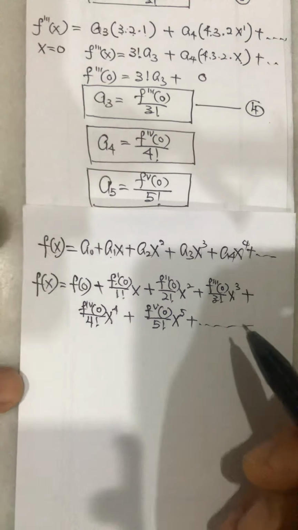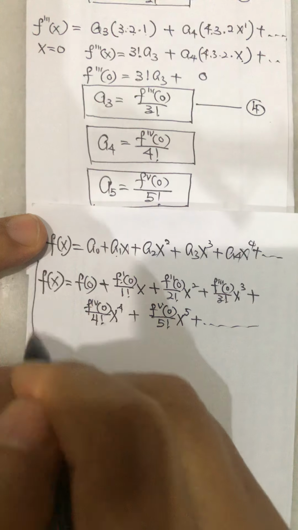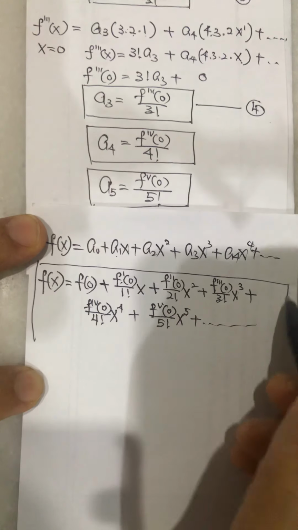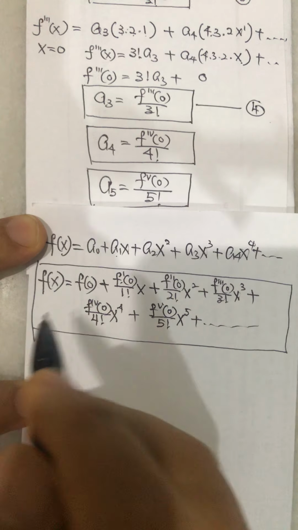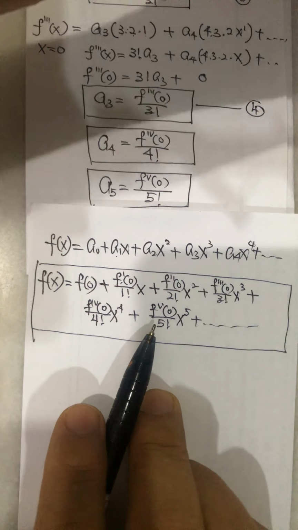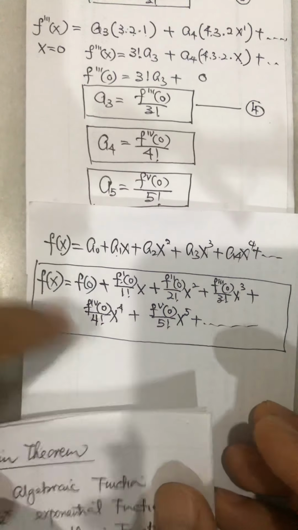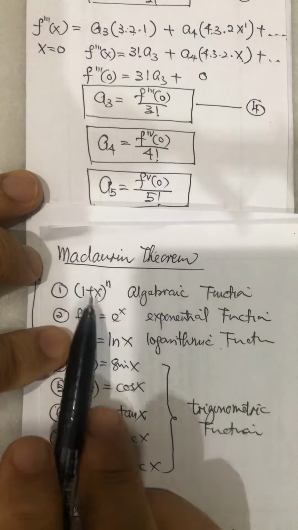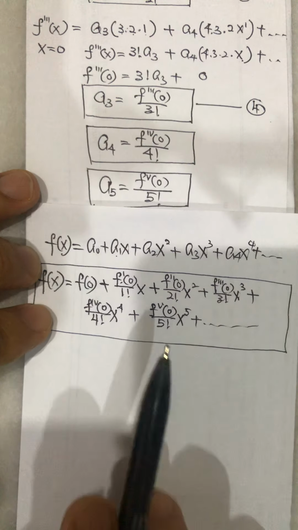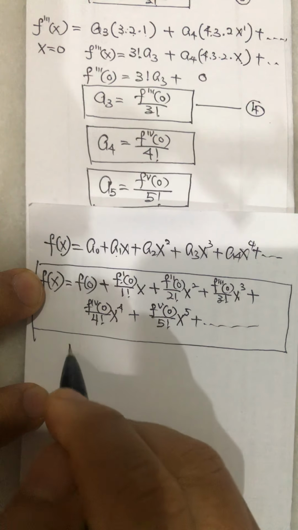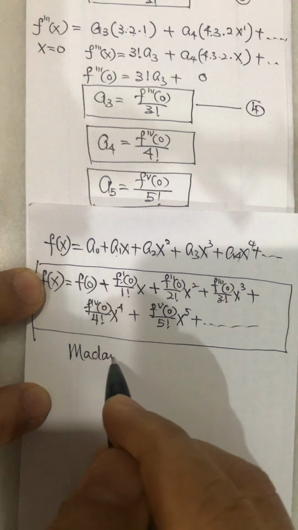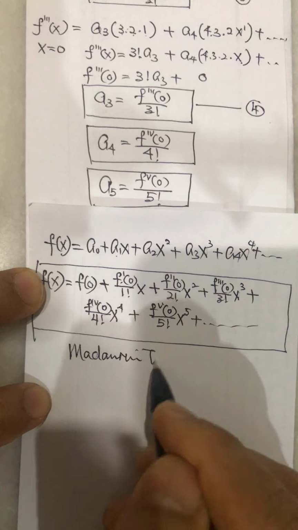So what we get here, this is a series, and this series can be used to expand all those functions that I have mentioned just now. So this is called a Maclaurin theorem.